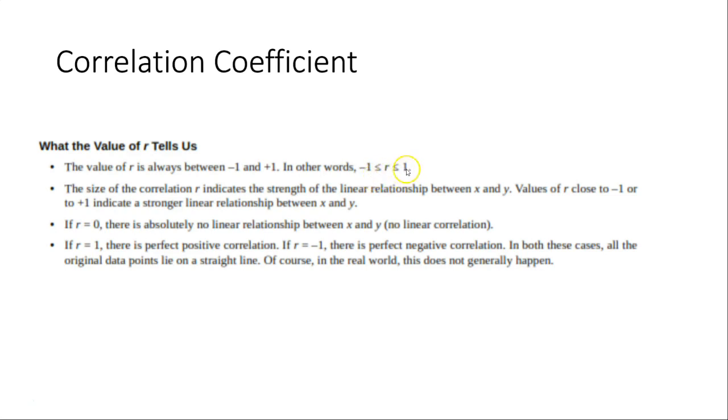But the difference between them is the negative tells me that the dots are going downhill. The 1 tells me that they're going uphill. 0 then is no correlation at all. It's that shotgun blast, scattered all over the place. And then we have any variation between there. So -1 to 0, 0 to 1.